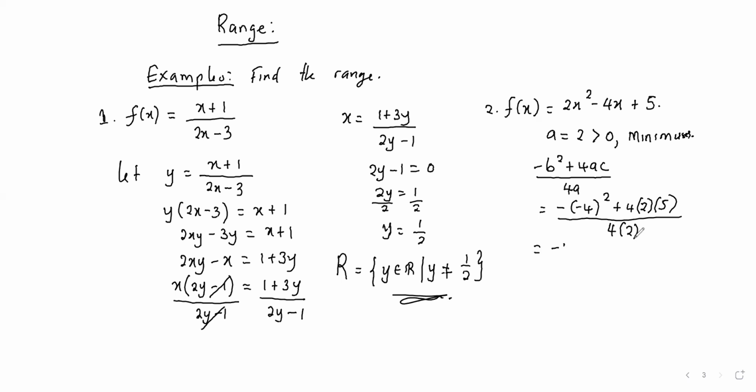So this will be 40 minus 16, over 8. 40 minus 16 is 24. 24 over 8 is 3.